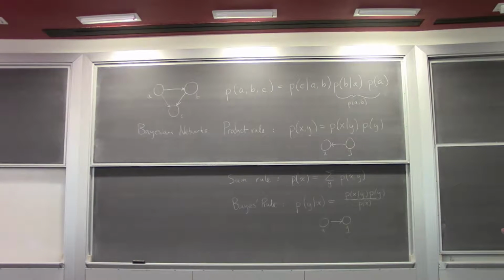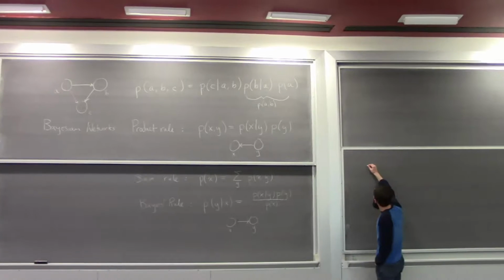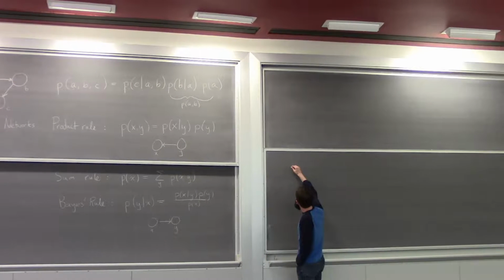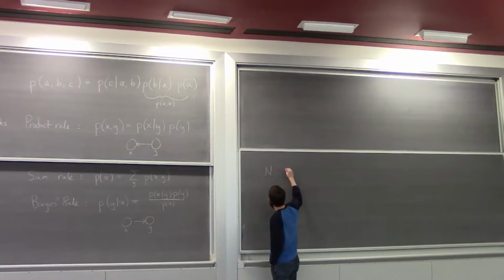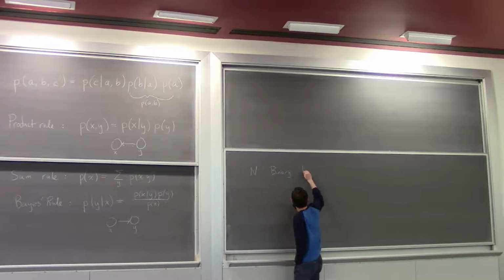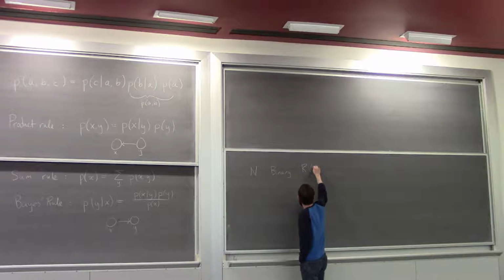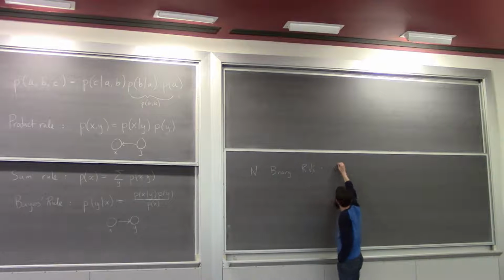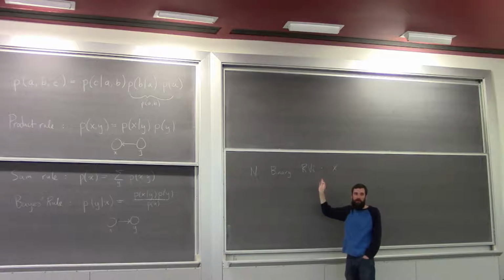So if I gave you n binary random variables, these are marginally Bernoulli, but jointly they could have interactions and correlations with each other.